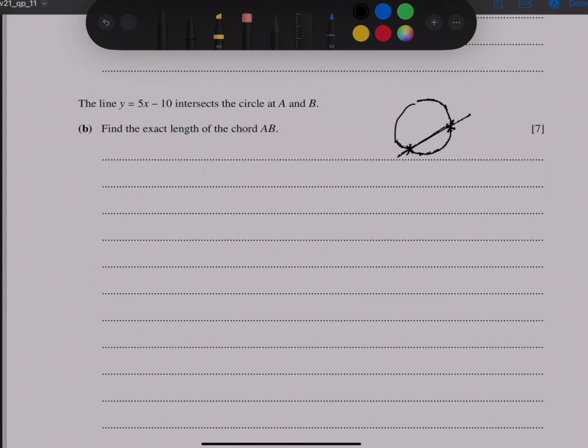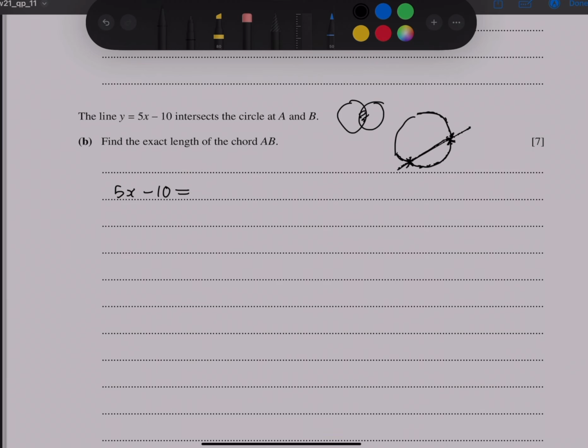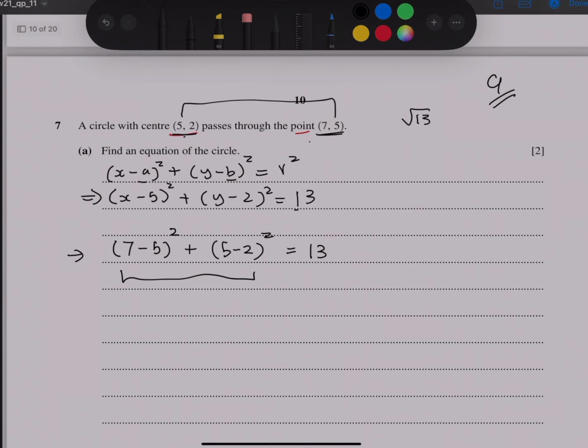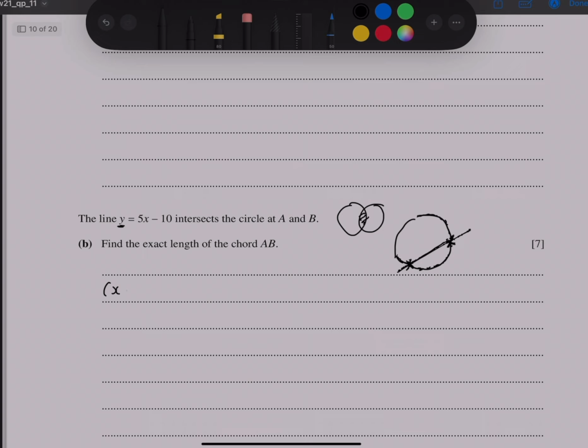To get that intersection of both equations, you'd want to start by equating each line to each other. Actually no, we wouldn't equate them. You could equate them, but that would be very complicated. We'll substitute. So we can say this y, we can plug it in this y. So what's the formula of our circle? X minus 5 whole squared plus y minus 2 whole squared equals 13.